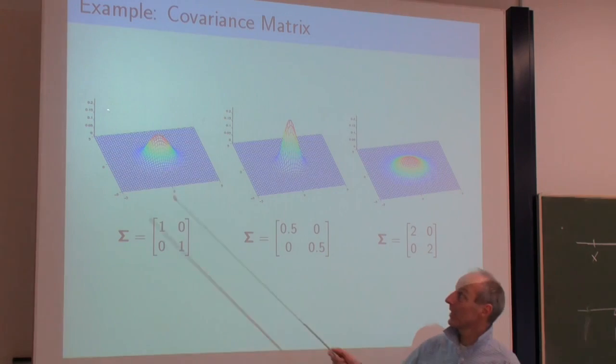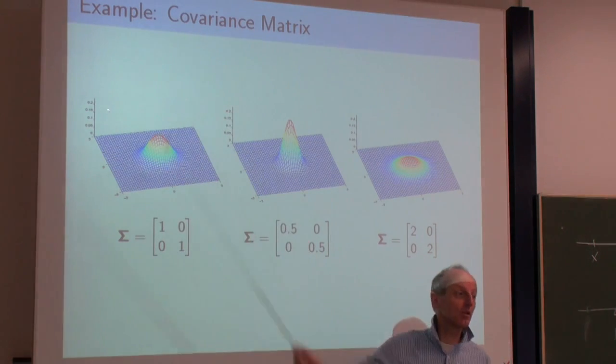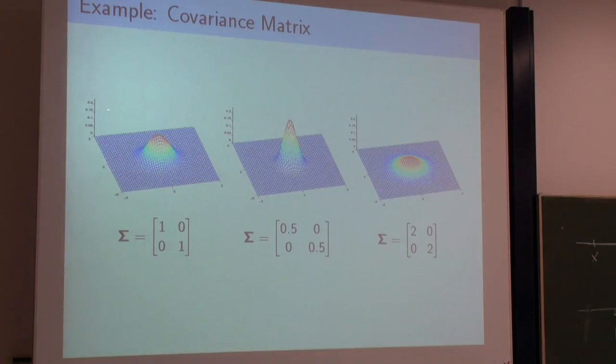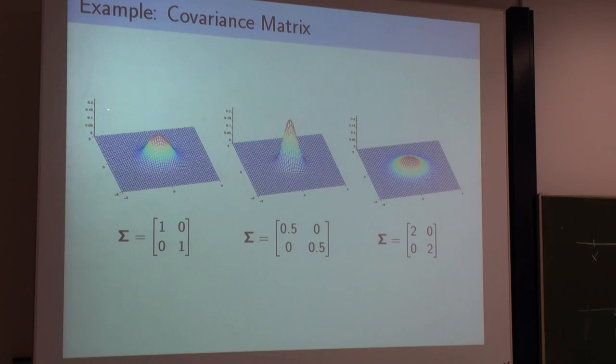But that would mean the height would go to infinity, because the whole two-dimensional integral over this density function has to be 1. It has to be normalized. The sum of all probability density has to be 1. So it would be infinitely high. And that's why this is mathematically not tractable.